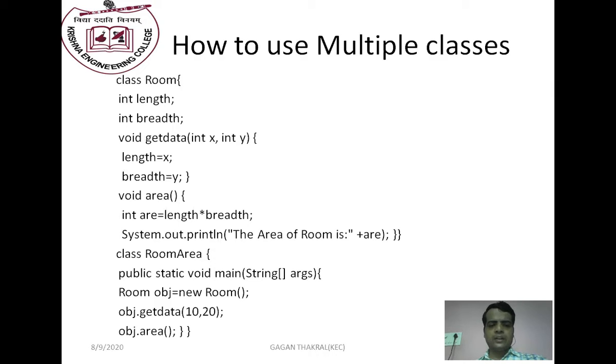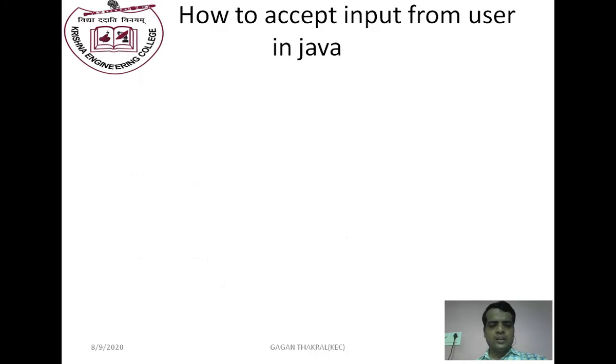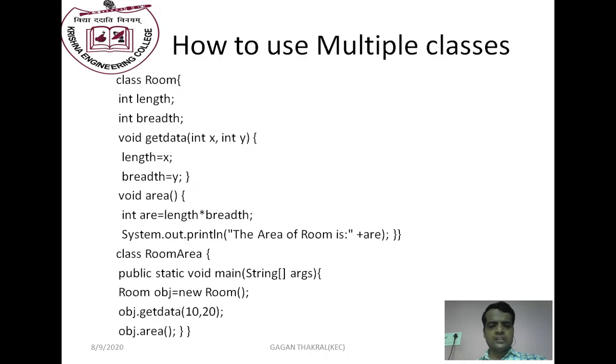Now we call obj.area. The object belongs to room class and it will call the area function of the room class, and it will multiply length and breadth, 10 into 20, 200. So this will generate the output 200.